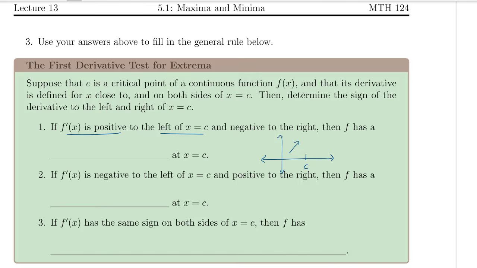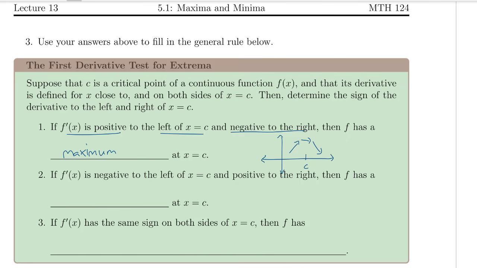A critical point is where the derivative is 0, so the function flattens out at that critical point. And then if the derivative is negative to the right, the function must be decreasing. So you can draw this picture, and you can really understand exactly what this implies. This implies that we must have a maxima at this critical point, and that's exactly what we were understanding with our table above. So this is the connection between the derivative, critical points, and maxima and minima.